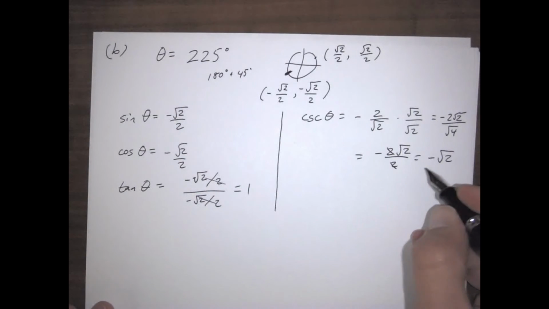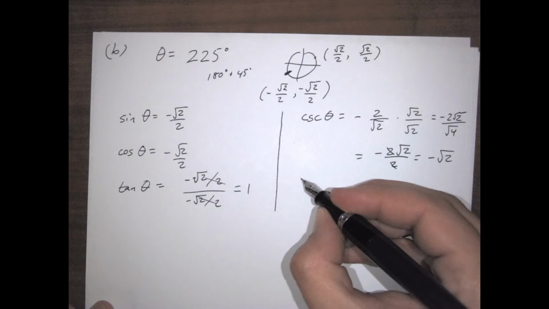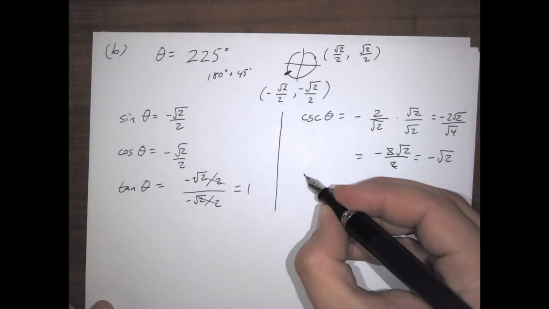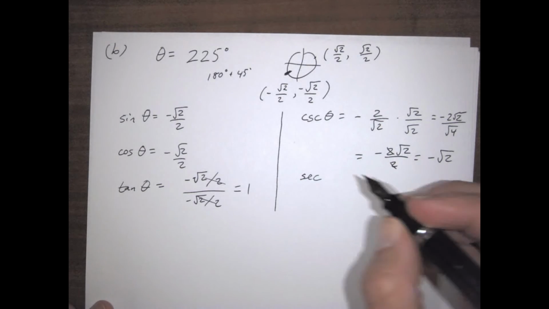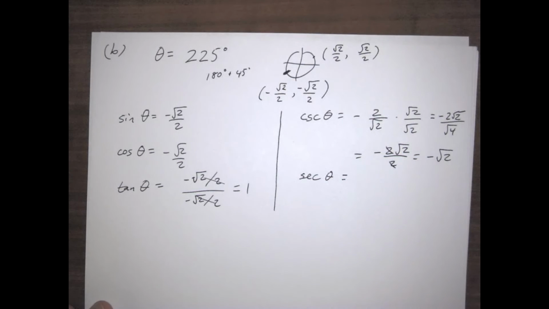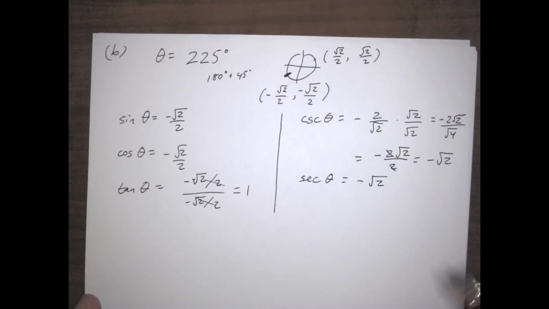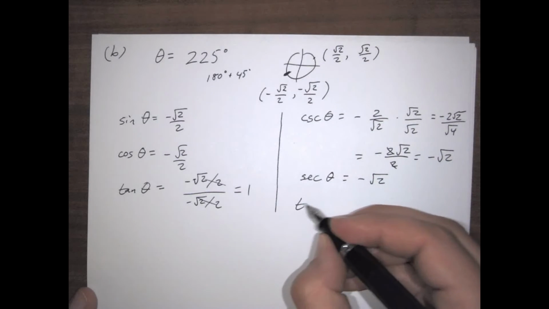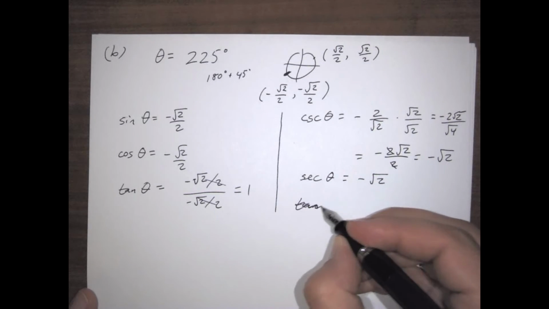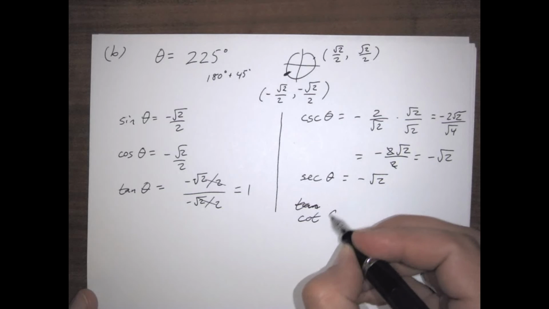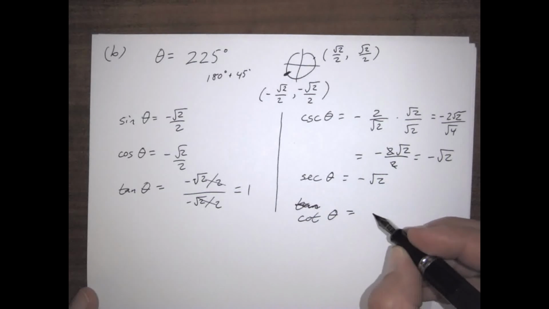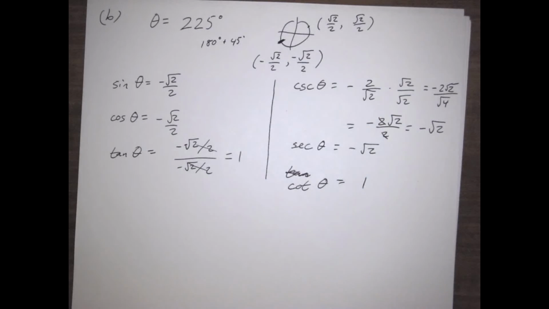Okay. Well, we went through all that for the cosecant, but for the secant, it would be just doing the same calculation again, and so we'll get the same answer again. So I'll cut to the chase there. As for the cotangent, we'll get the reciprocal of 1, which is 1.